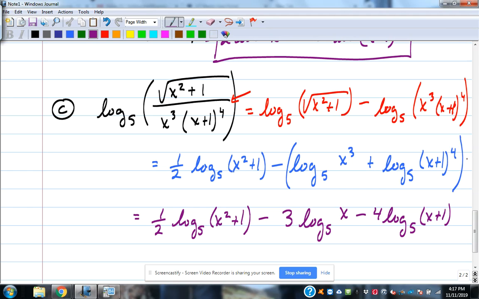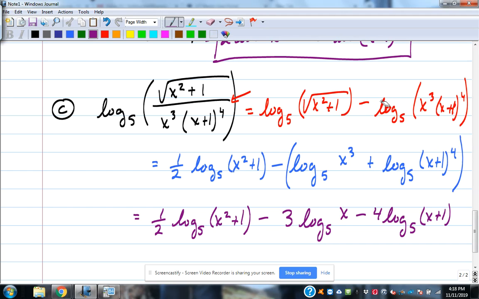Why did I put a minus on both of them that time? Yeah, it's like a distributive property. That's exactly it.